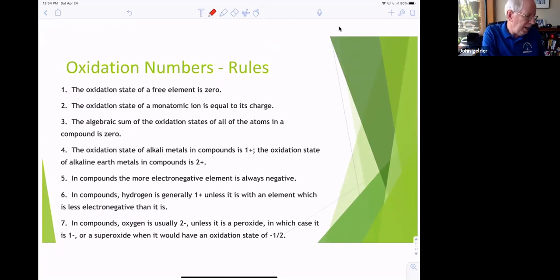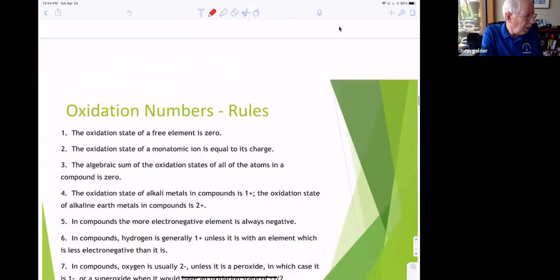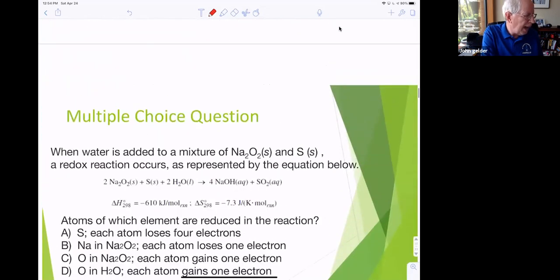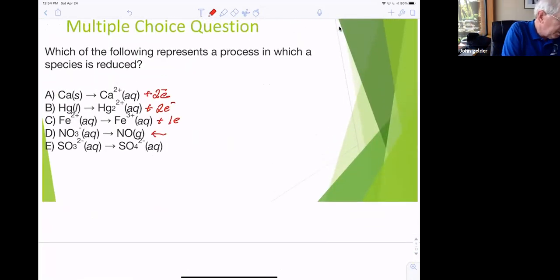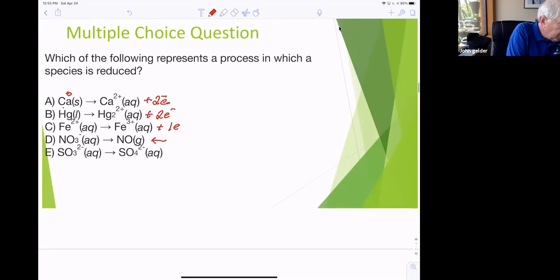And we can apply these rules back to that multiple choice. When we see an element in its standard state, that oxidation number is 0. So for calcium in choice A, it starts out with a 0 oxidation number and it goes to a +2. An increase in oxidation number is an indication that electrons have been lost.